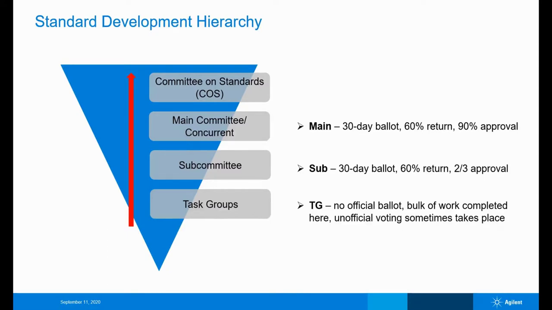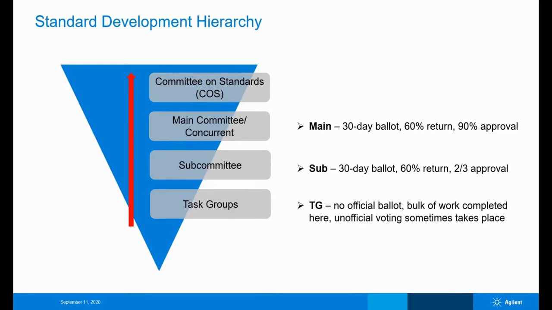If the ballot passes at subcommittee, then the proposed test method is balloted at main committee, which has the same criteria, and it also has the same 30-day balloting process.